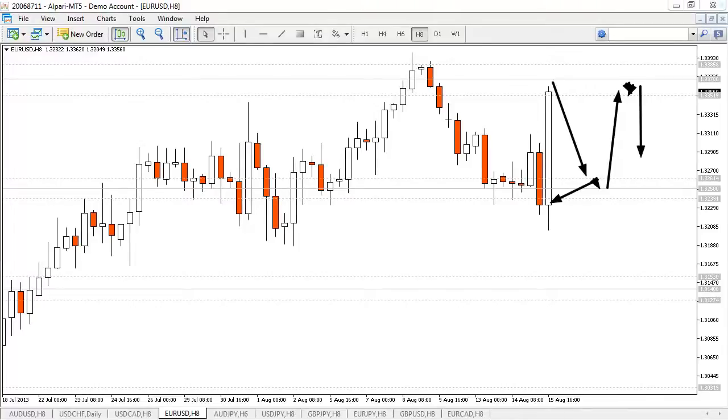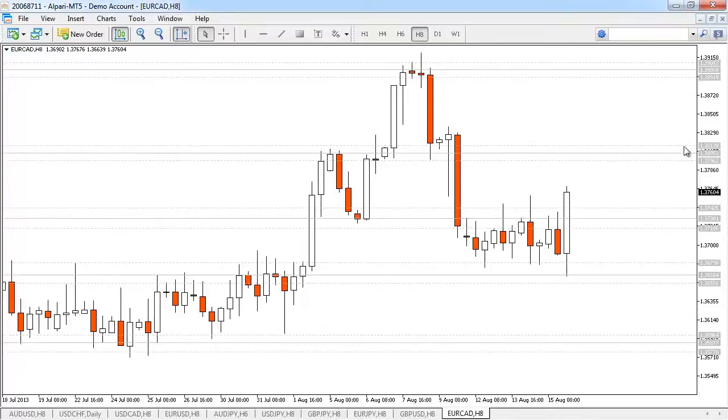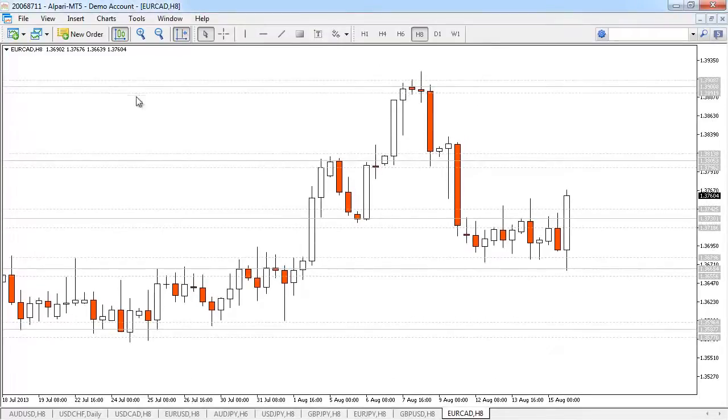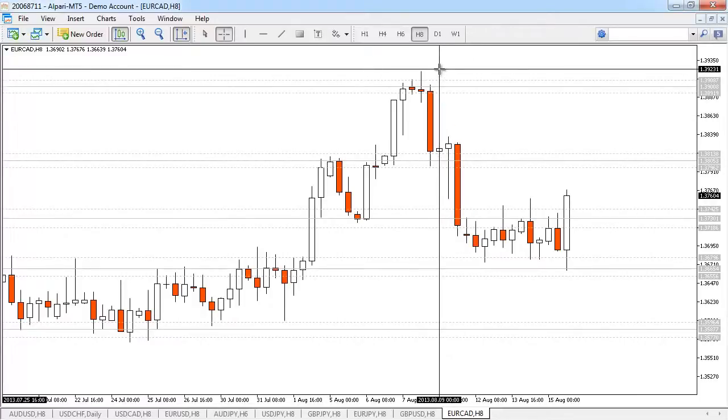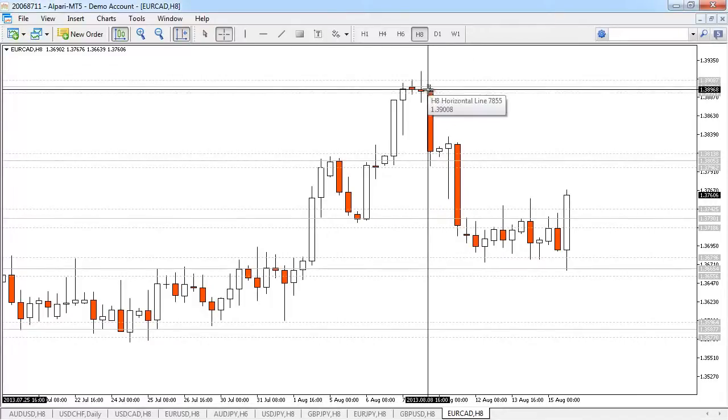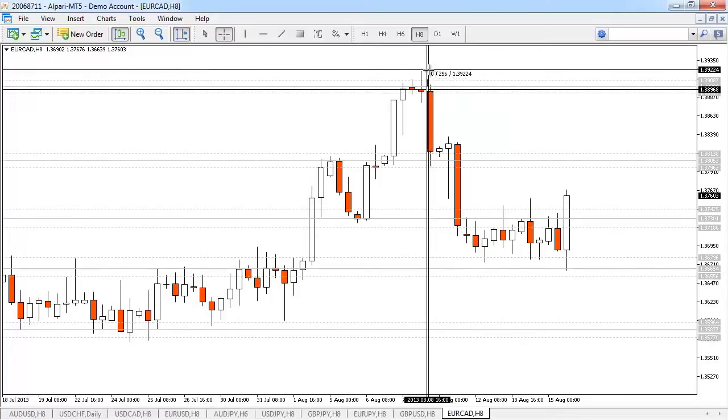Stop loss was quite a bit over the previous indecision candle. Shiraz, you're referring to the Euro CAD trade. This trade here. Entry was here. Stop loss was around about 25, 30 pips.